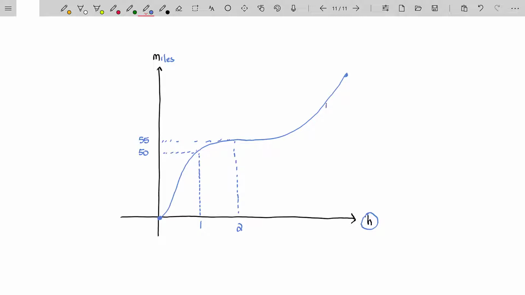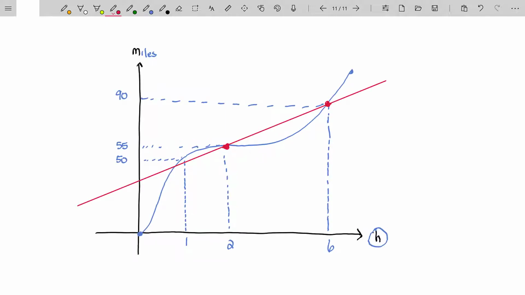And maybe way over here at hour, well, if that's 1, 2, maybe this is hour 6 or something like that, you might be approximately, let's say 90 miles away from your initial state of origin. If you want to compute the slope or the average rate of change between any two of these points, that would end up being, well, let's find out what it is actually. Let's plot these points and then connect them.